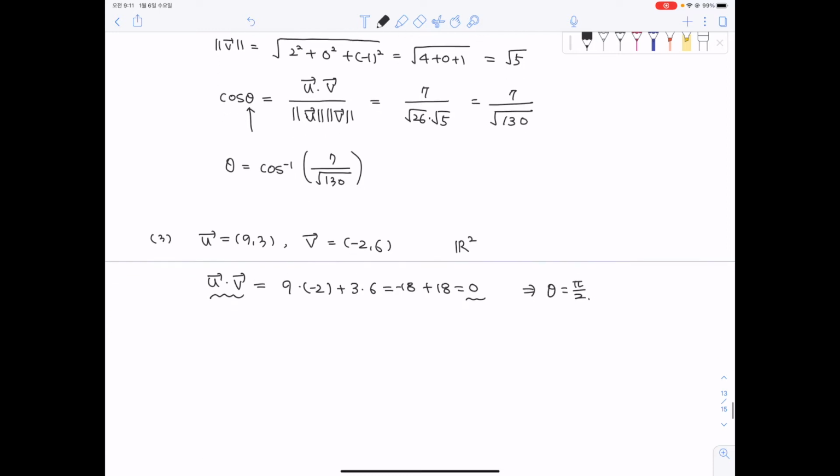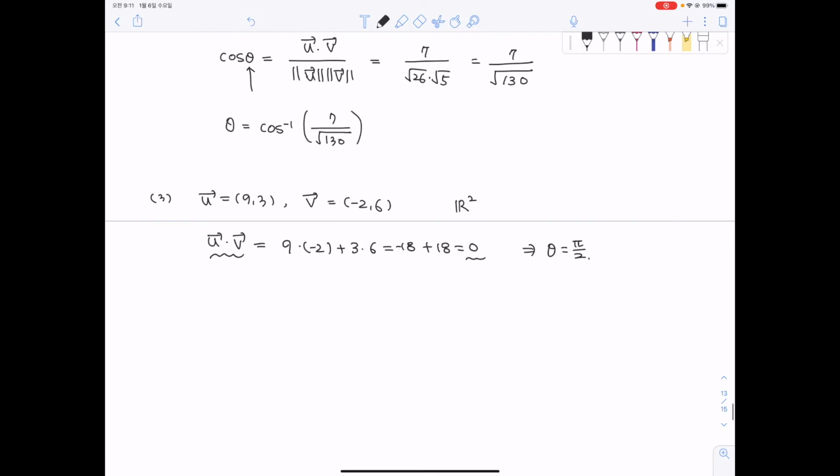So if a problem asks you to check whether two vectors are orthogonal or perpendicular, then you just need to check that u dot v equals 0.